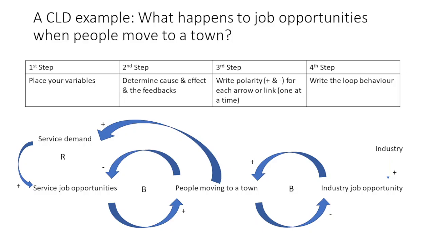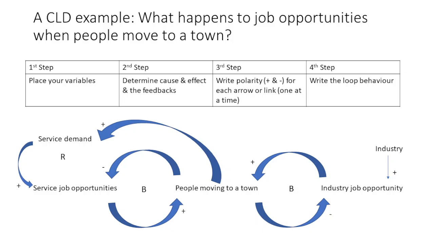So this example by Haraldson, which he used in the reports, is about urbanization and job opportunities. Haraldson says first of all, you can start with a question or a problem that you're trying to deal with.